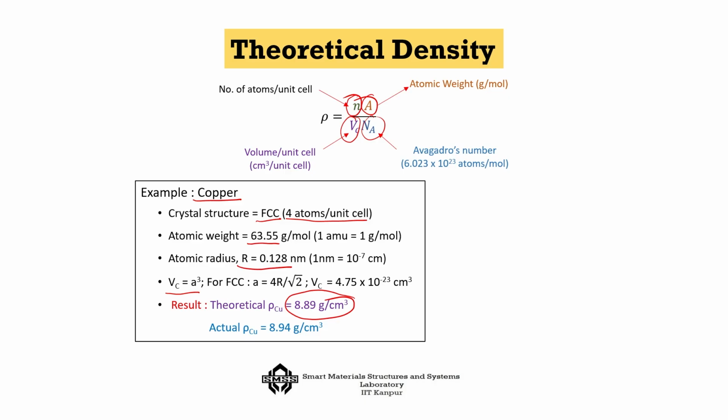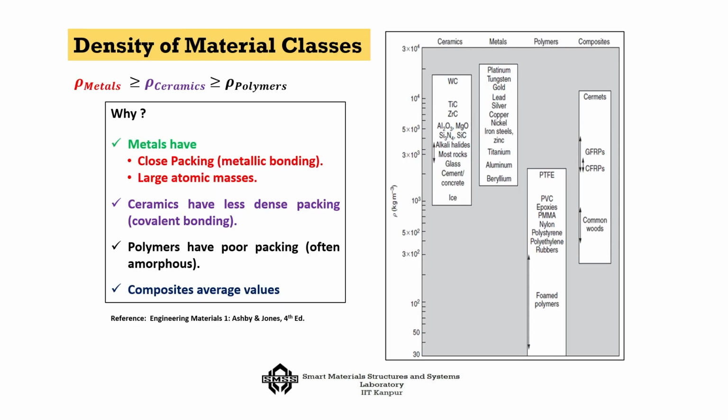In fact, if you measure the density of copper, it will come out to be 8.94. So, it is like the way we do it makes a lot of sense. Okay. So, this gives us a clue in terms of the choice of material in terms of its crystal structure.